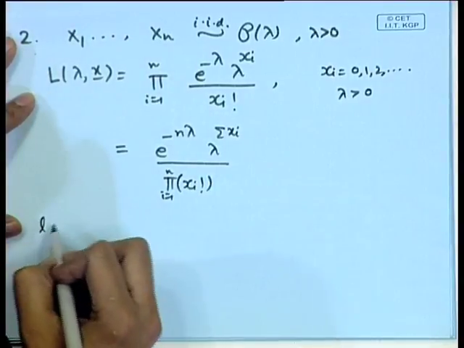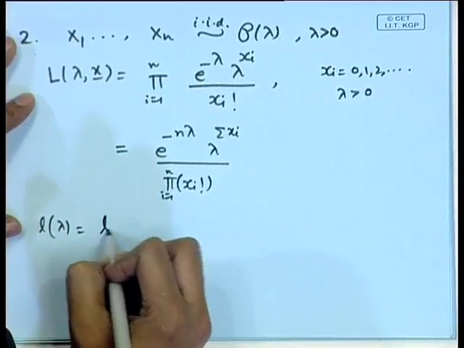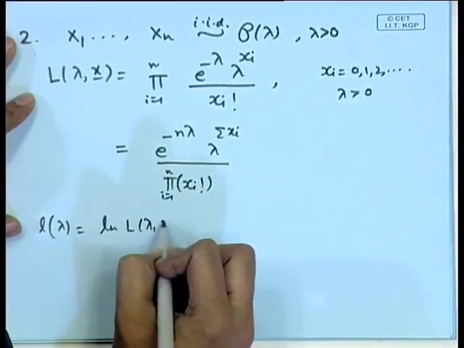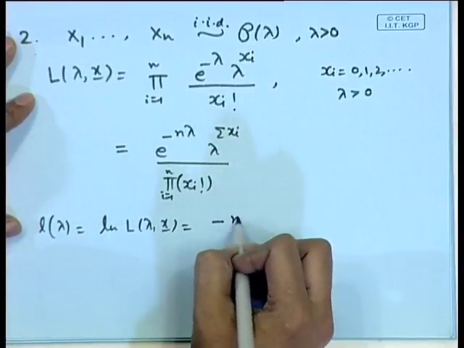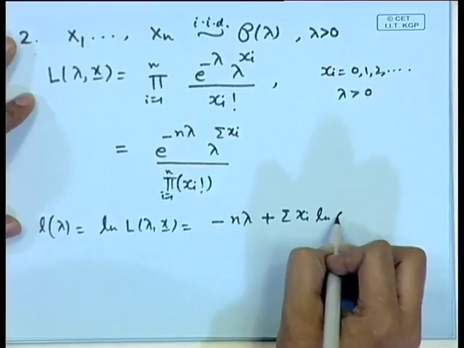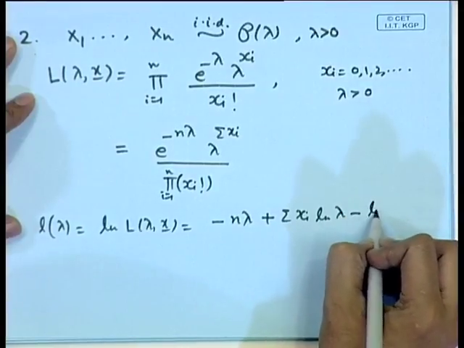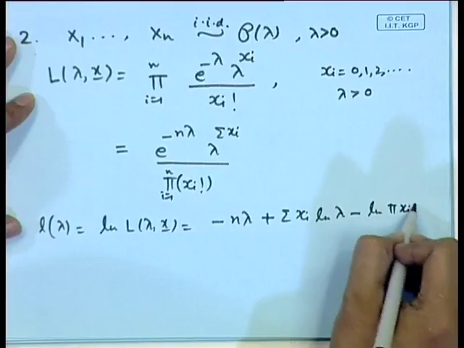So, we can write the log likelihood function as minus n lambda plus sigma xi log lambda minus log of the product of xi factorial.